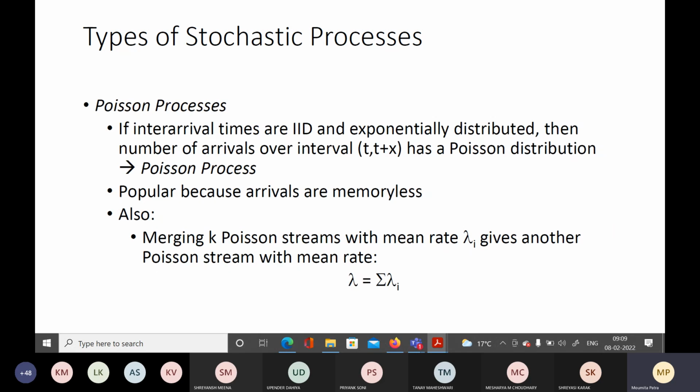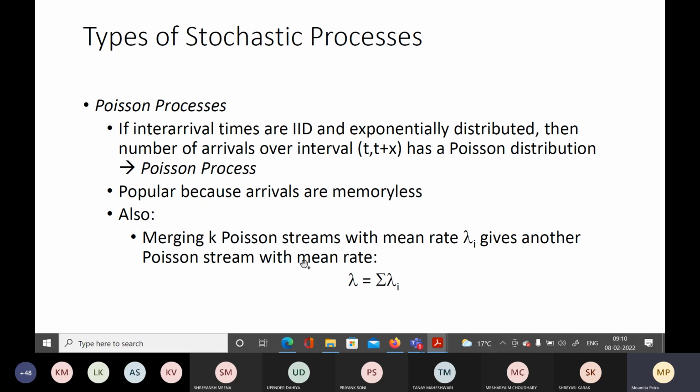Now, another type of stochastic process that we would need is Poisson processes. We have already studied Poisson processes and their properties, so I will not get into them again. Just note that if the inter-arrival times are IID and exponentially distributed, then the number of arrivals over a time interval has a Poisson distribution, and it is known as a Poisson process.